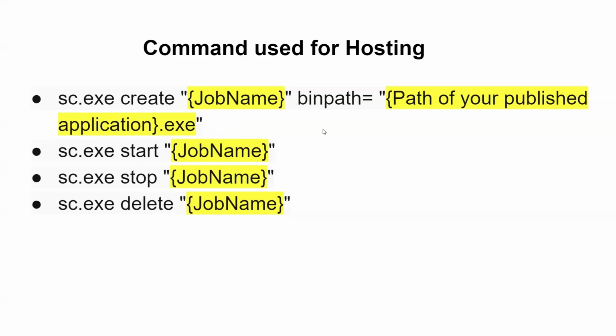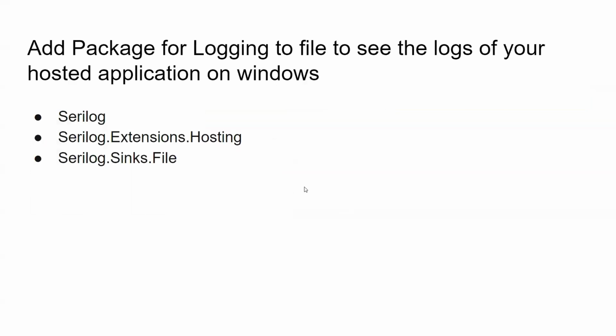Once we perform all these operations, we need to check whether our Windows service or worker service is working perfectly fine or not. To achieve that, I use logging into a file in our application, which will give me all the logs executing in our application.